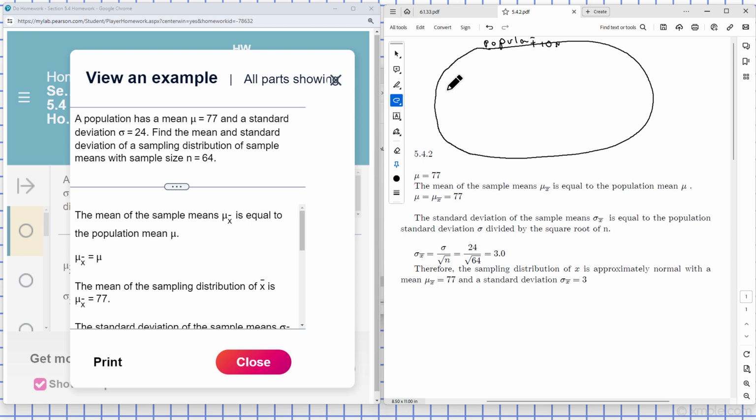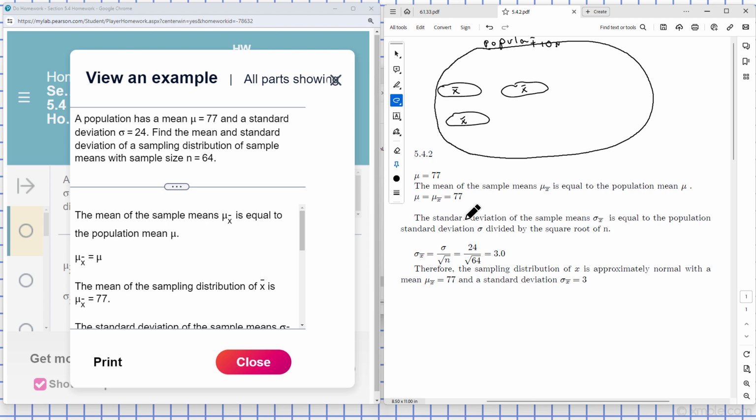And in this population, we have all our samples. Each one of these samples has a sample mean. We have our samples here. Sample means. And so here, the average of the sample means is equal to the population mean, which is 77.